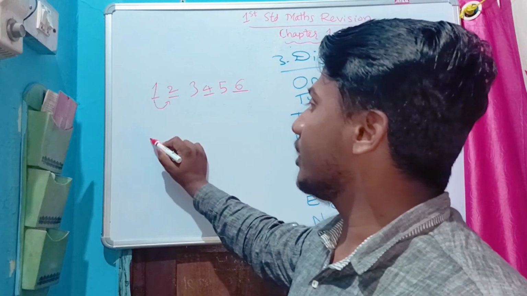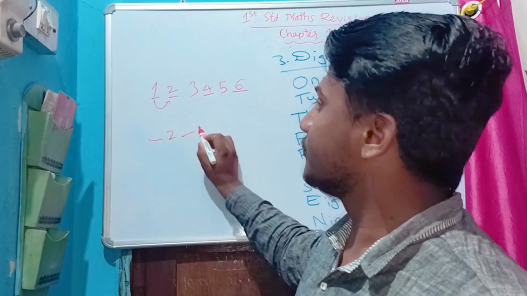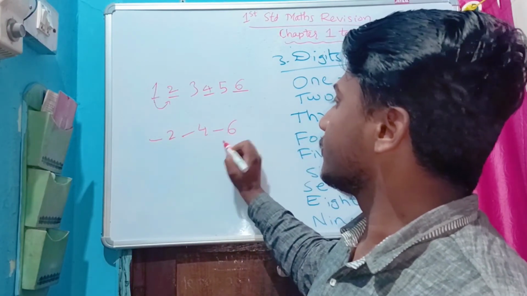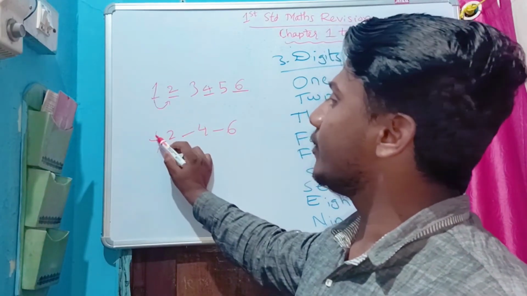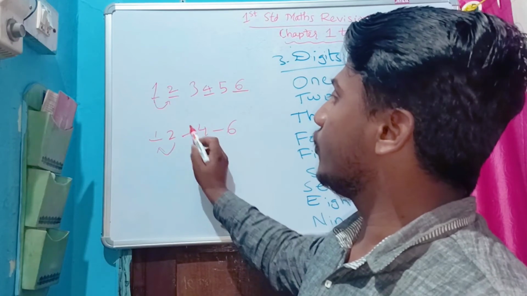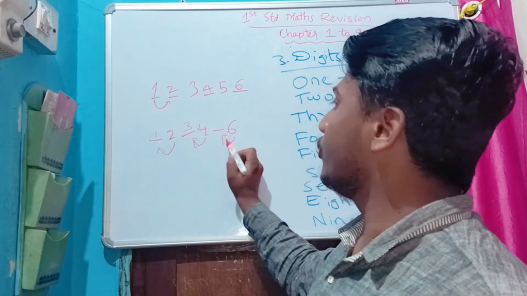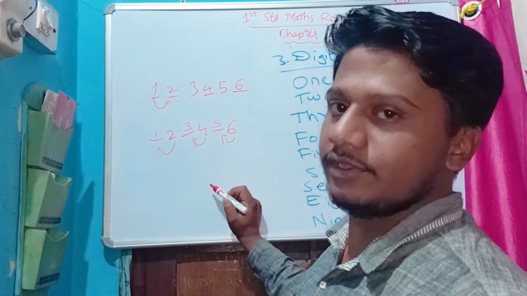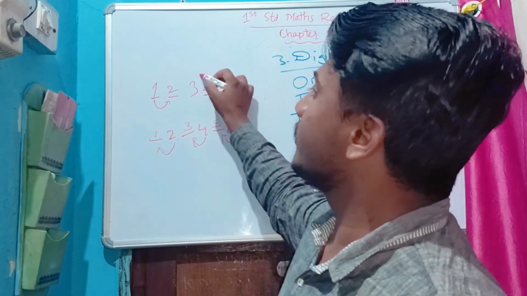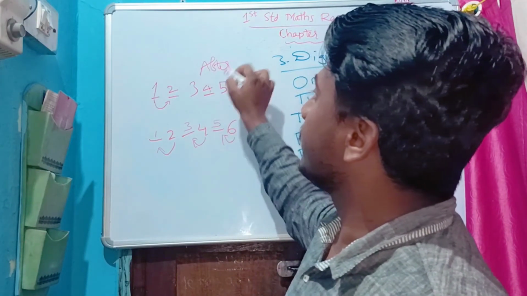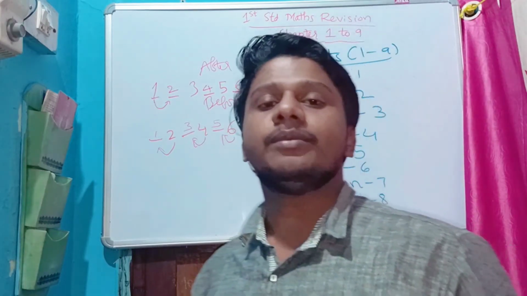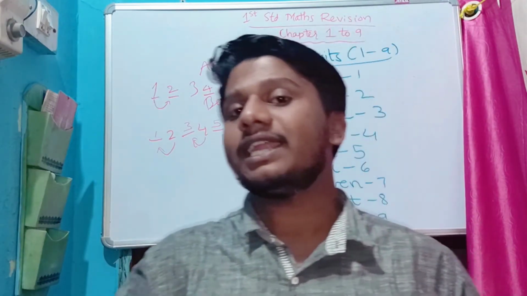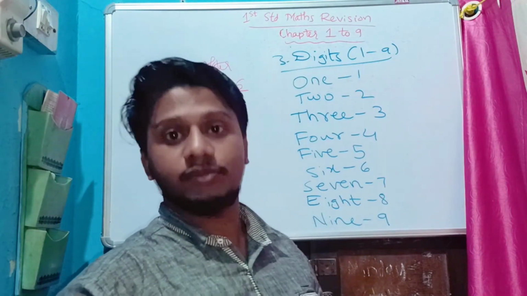The same example I can also write like this. The number which comes before 2 is 1, before 4 is 3, before 6 is 5. So I hope I'm clear with this. After, before.